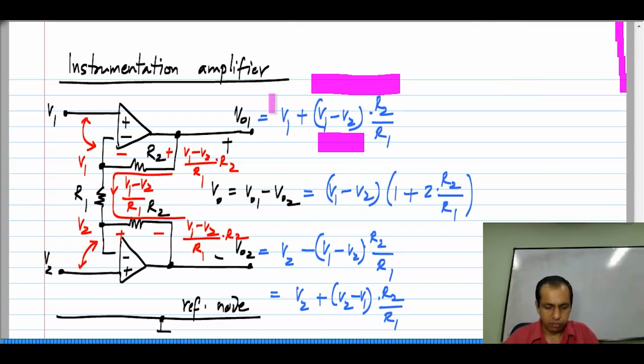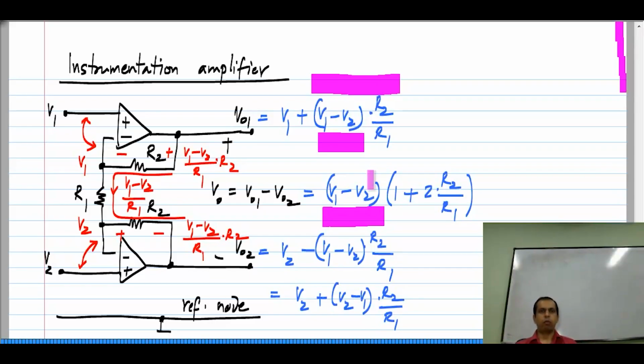The individual voltage V1 here is multiplied by a gain of 1, whereas the difference voltage V1 minus V2 is multiplied by R2 by R1. So, what it means is that it prefers the difference V1 minus V2 as opposed to V1 or V2 by itself. And if you take the difference between these two, VO1 minus VO2, you will find that it is proportional only to the difference.